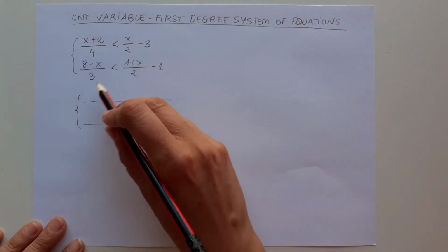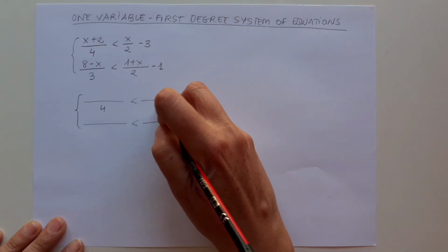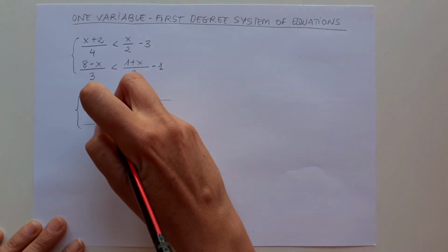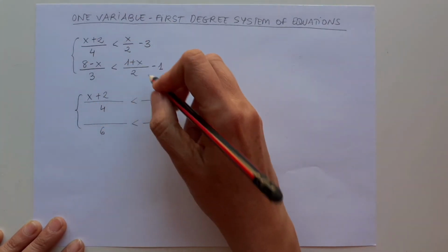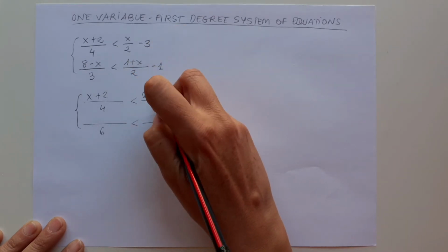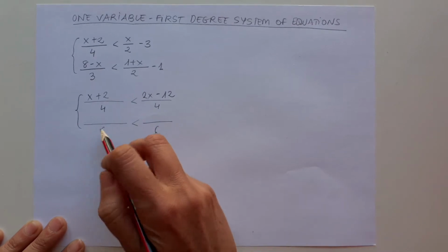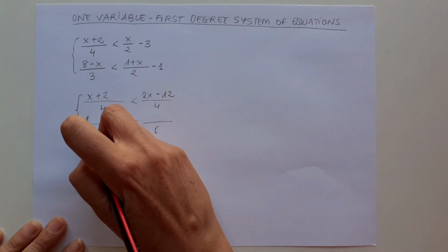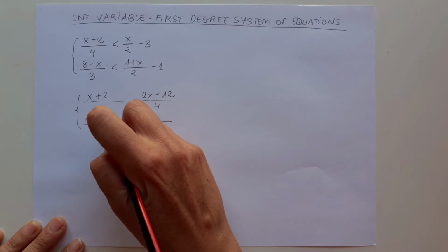So, the common denominator here would be 4, and the second will be 6. I leave this how it is because I already have the same denominator. Here I would have 2x, then here I would have 12. In this case, 6 divided by 3 equals 2. 2 times 8, 16, minus 2x.